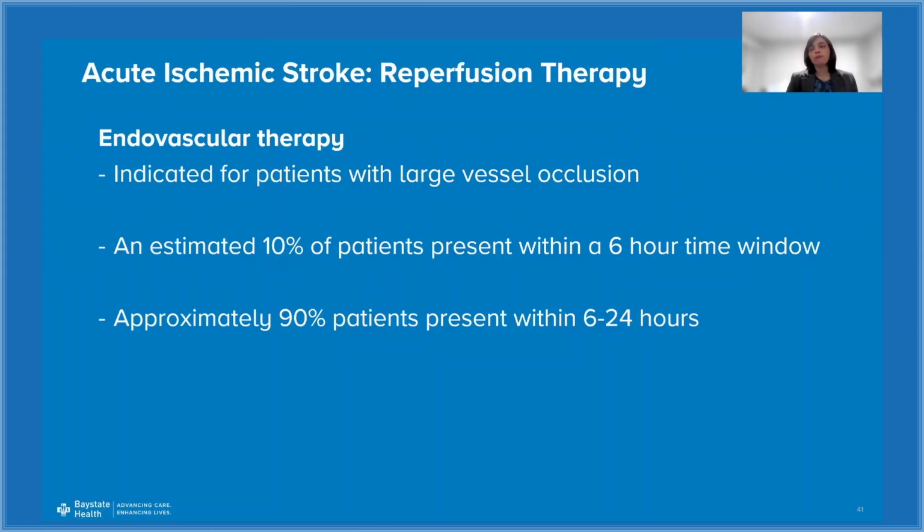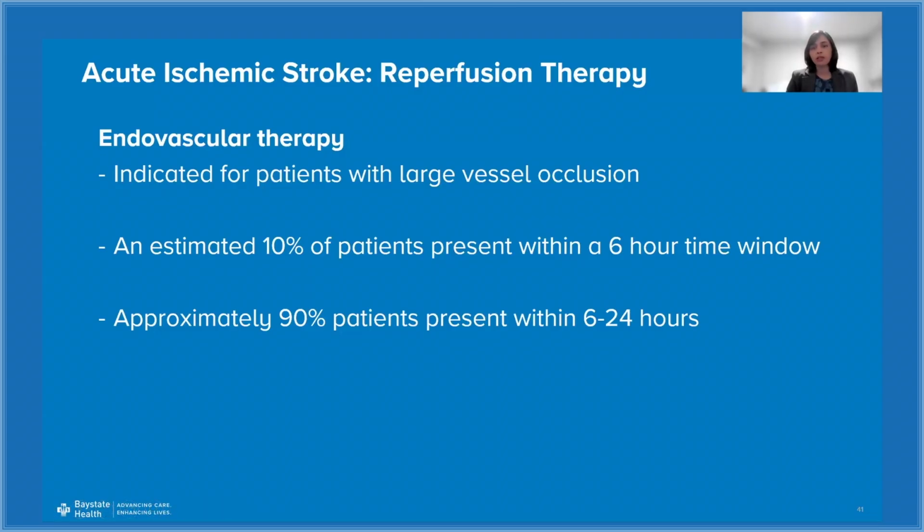So now all these trials only proved efficacy for up to 6 hours from symptom onset. But what's unfortunate is that only about 10% of patients can present within a 6-hour time window. So almost 90% of patients present within 6 to 24 hours from their symptom onset, and these patients were not eligible for this type of therapy.